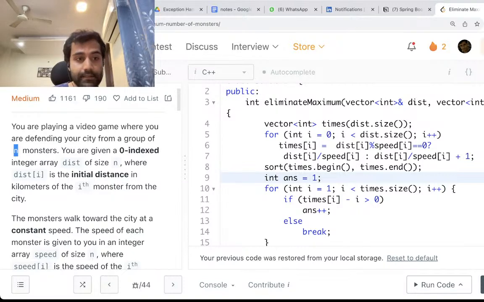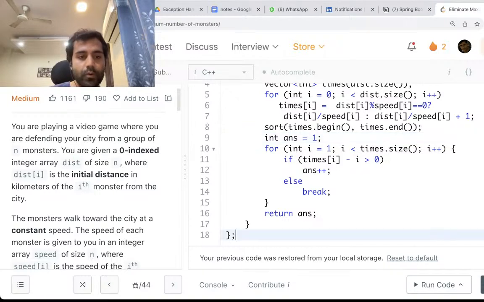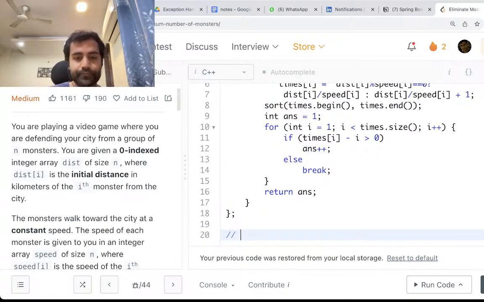So we are given, now here it comes. You are given a zero indexed integer array distance of size n, where dist[i] is the initial distance in kilometers of the ith monster from the city. Let's understand it in this manner. This is your city, let's say New Delhi, and there are different monsters standing away from your city at different distances.